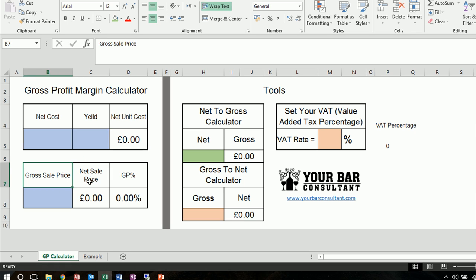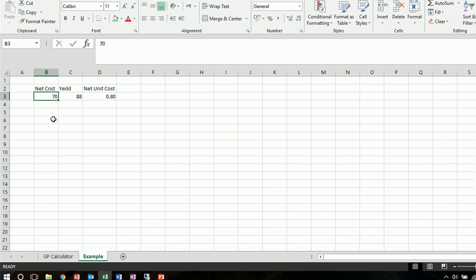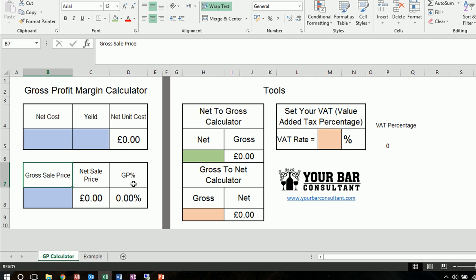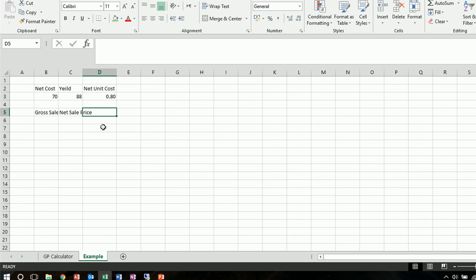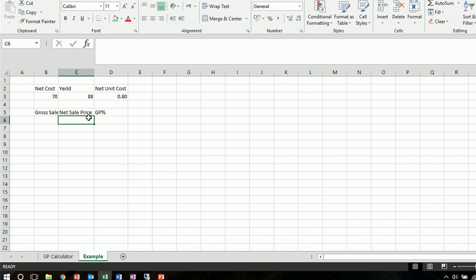So we need gross sale price, net sale price, and then GP percentage, which you remember is gross profit margin. Okay, there we go.